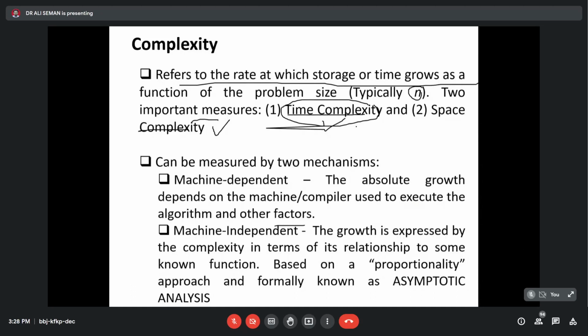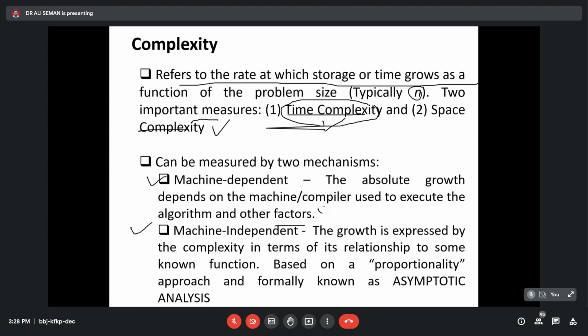I mean the nature of the problem, and also the implementation and design used to solve the problem. It can be measured by two mechanisms: machine dependent or machine independent. Machine dependent: the absolute growth depends on the machine or compiler used to execute the algorithm and other factors.